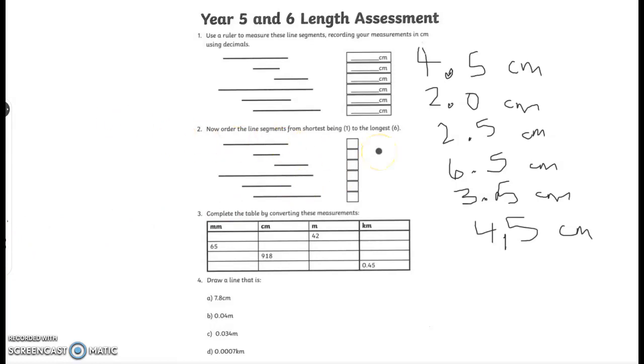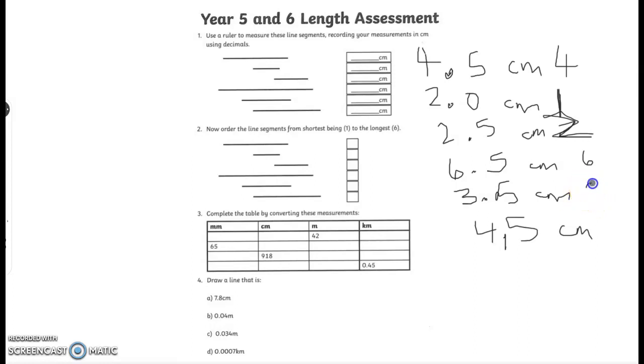Okay, now for number 2, the first one is 4. The second one is number 1 because it's the shortest. The third one is number 2. The fourth one is number 6.